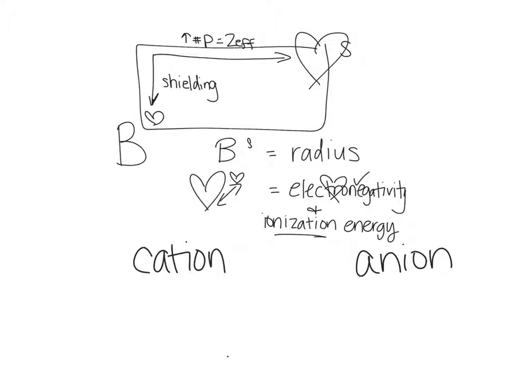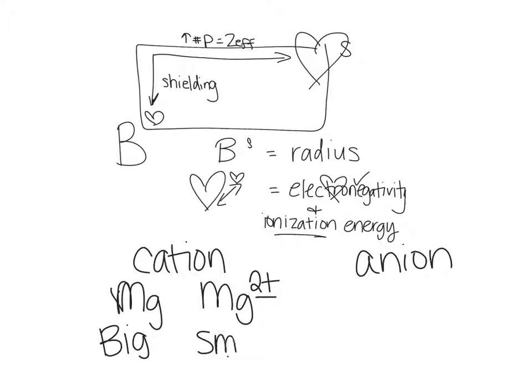So we have magnesium, let's go back to our example, magnesium versus magnesium 2+, okay? He lost electrons, that's what the 2+ means. So therefore, this is big, this is small. For anion, we can do oxygen versus oxygen 2-. He gobbled up 2 electrons, so he got bigger. So this is the small one, and this is the big one.